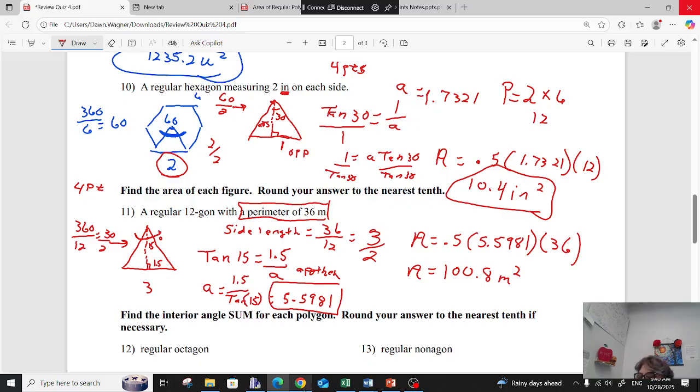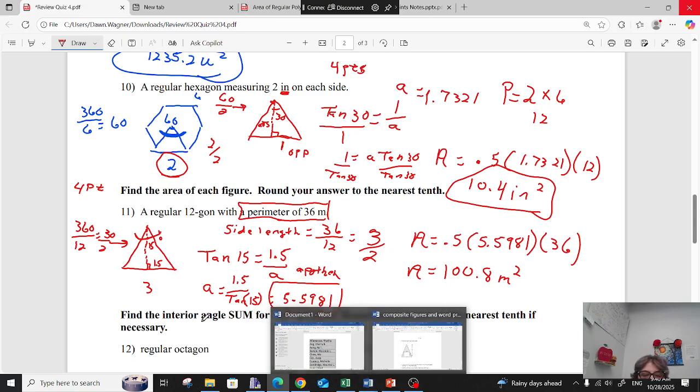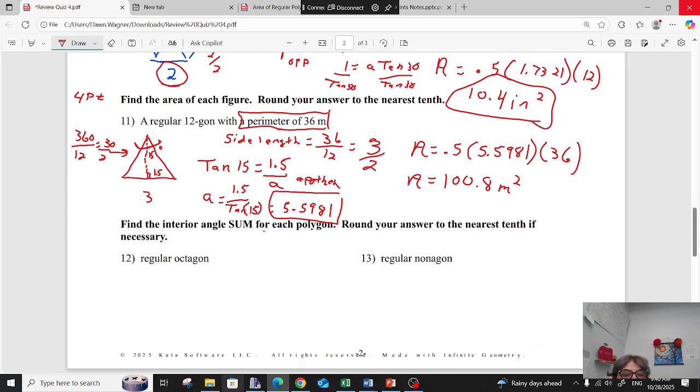Okay, we did this investigation, right? For the sum of each polygon, that formula is n minus 2 times 180. We developed that. Remember we made a bunch of triangles and figured it out? What does N stand for? Number of sides. How many sides does an octagon have? 8. So you just do 8 minus 2 times 180.